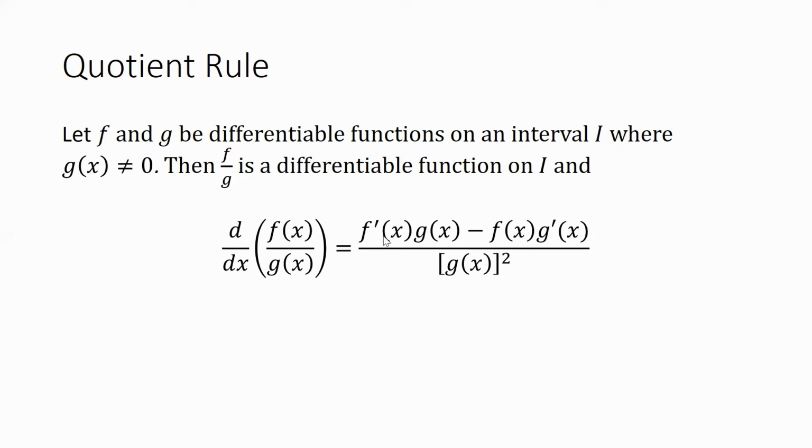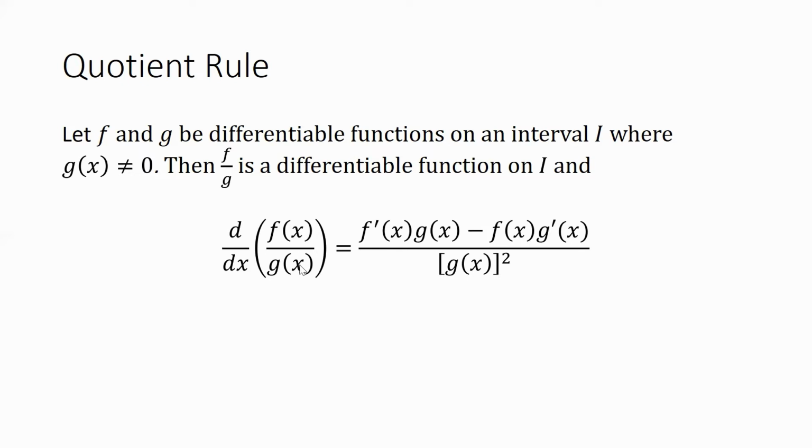One thing I will say is that the order is very important in this one. So notice how I did the derivative of f times normal g first, and then normal f times the derivative of g second. I have to make sure I do that because subtraction is not commutative.